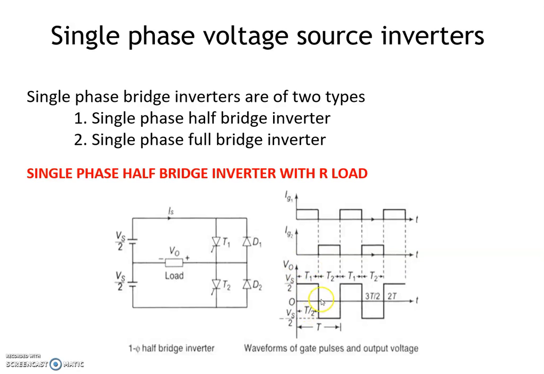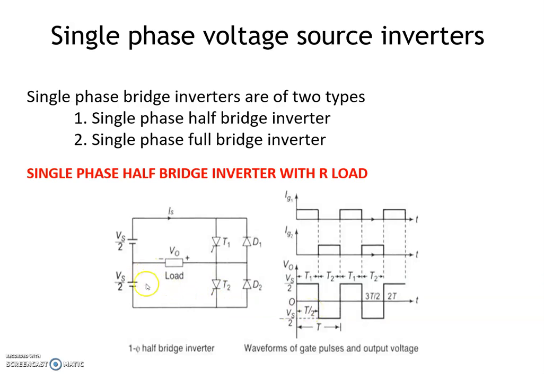we forcefully commutate the thyristor T1 and we turn on the thyristor T2. When T2 turns on at the instant t equal to capital T by 2, what happens?